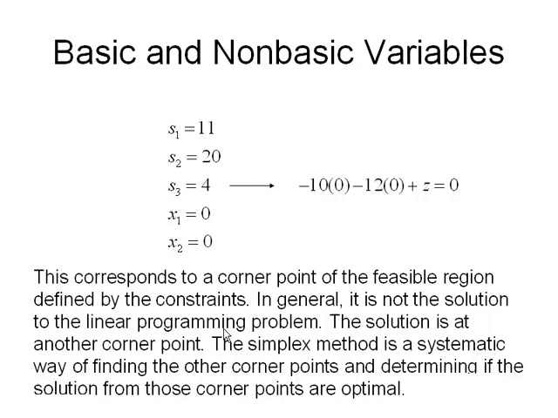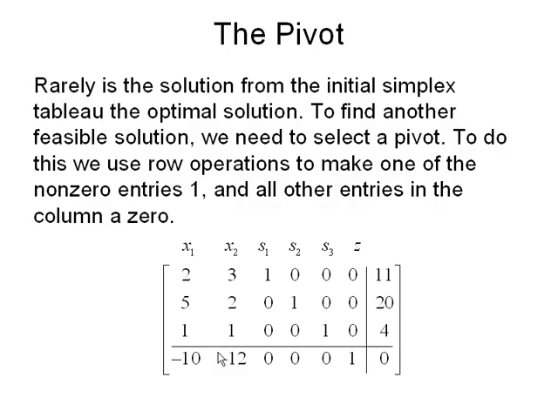This solution is at a corner point, and all the simplex method is, is a systematic way of getting to the other corner points and determining if the solution that I'm finding, like this one, is actually the optimal solution. It's very rare that the first point that we go to is actually going to be our optimal solution.